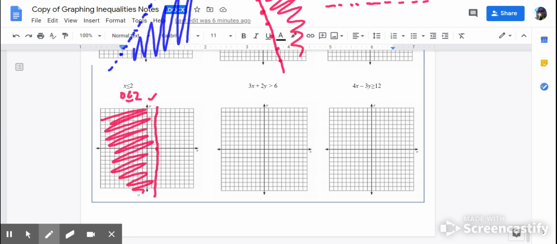The last two, notice I must put in slope-intercept form. I'm going to subtract 3x from each side, which leaves me with 2y is greater than negative 3x plus 6. Divide everything by 2. So y is greater than negative 3 halves x plus 3. Start at my y-intercept of 3. Go down 3 to the right 2.